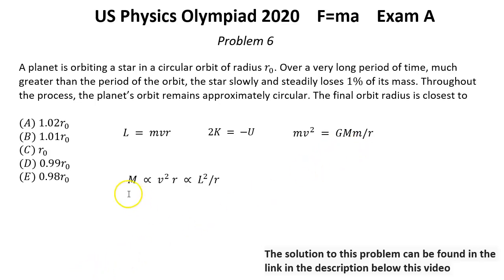So the mass of the star is proportional to v squared multiplied by r, which is proportional to L squared over r, where L is conserved. It means that a 1% decrease in the star's mass gives a 1% increase in the orbital radius, which is answer B, and that was the solution for problem number 6.